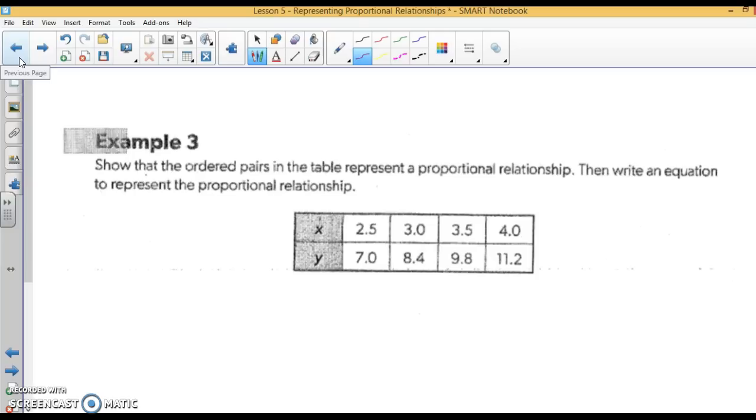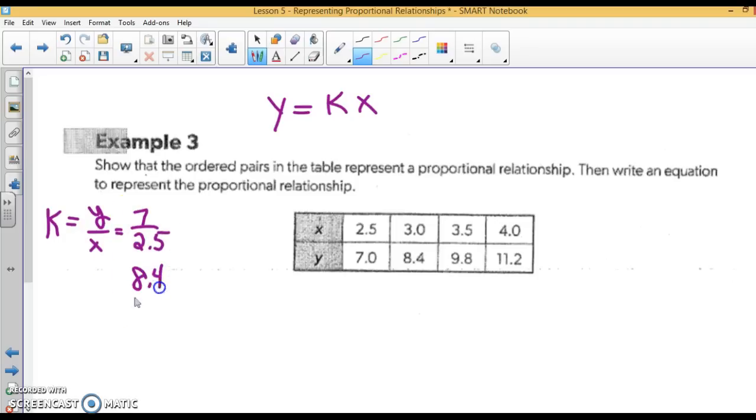Show that the ordered pairs in the table represent a proportional relationship. Then write an equation to represent the proportional relationship. All right, y equals kx. In order to write an equation, we need to find k. Well, we know that k is y over x. So, let's see. 7 divided by 2.5, 8.4 divided by 3.0, 9.8 divided by 3.5, and 11.2 divided by 4.